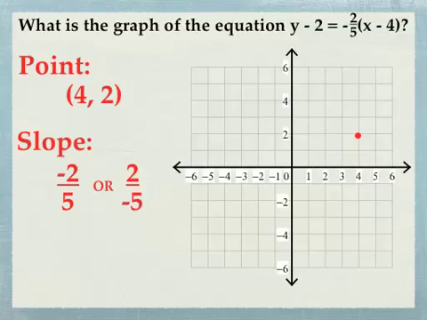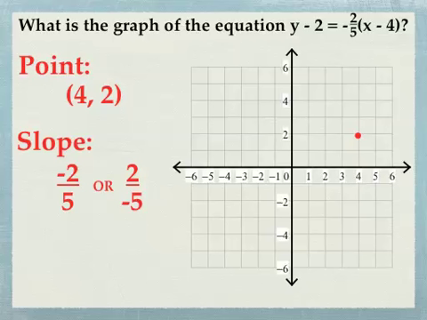But if you look at the graph, there's not enough room on this coordinate plane to move to the right 5 units. So I need to move the other way, which is 2 over -5, which tells me to move up 2 units and to the left 5 units. There is enough room on this coordinate plane to do that.